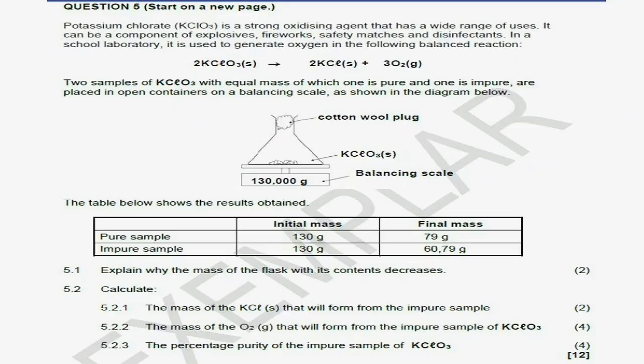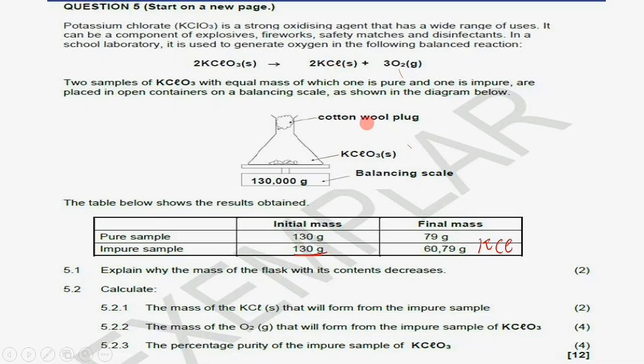Then 5.2.1 says calculate the mass of potassium chloride that will form from the impure sample, right? So we have this impure sample, it's 130 gram, but then as we stated in 5.1 the oxygen gas will escape from the reaction vessel, it means that the final masses are actually representing the masses of the potassium chloride, as we know that all the oxygen will escape from the reaction vessel, and what will be left will be this solid, which is potassium chloride.